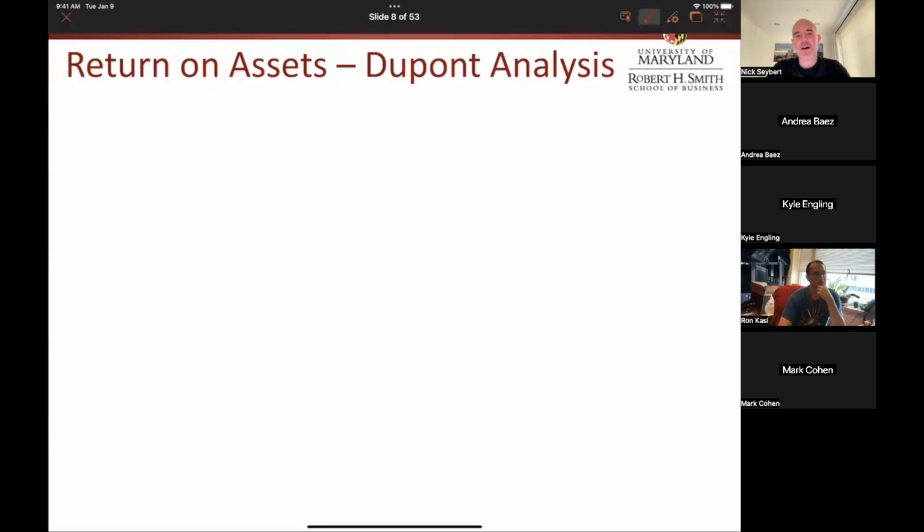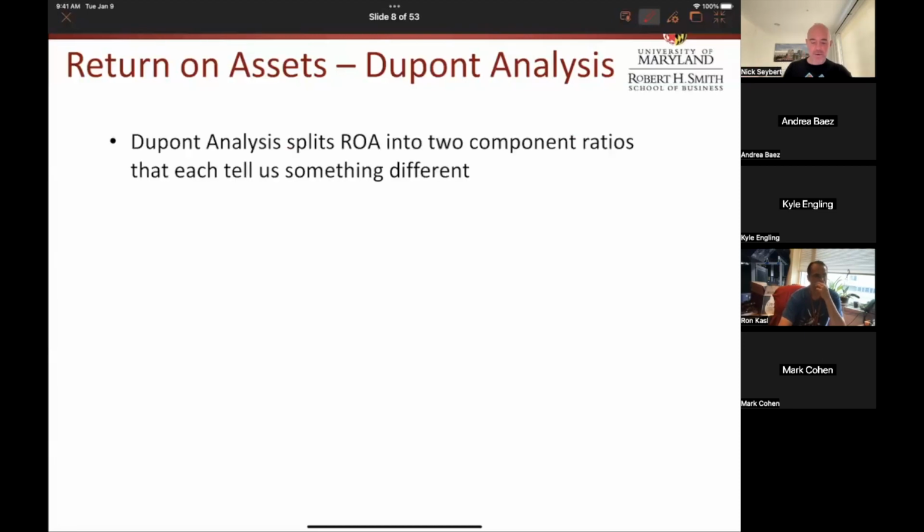It was generated by their accounting and finance division, I think in the 1920s, as a way to break down financial ratios into different components so that you can learn a little bit more about the different dimensions of the company. And so what DuPont analysis does is it's going to split that ROA ratio into 2 different ratios.